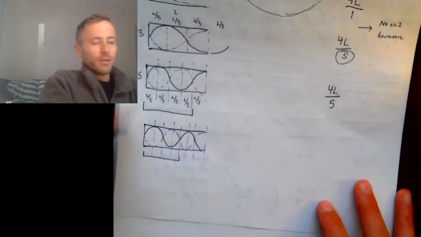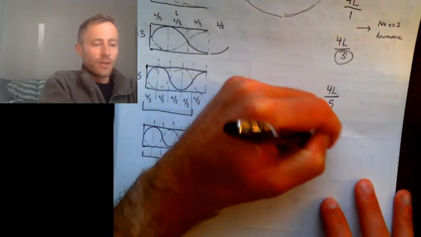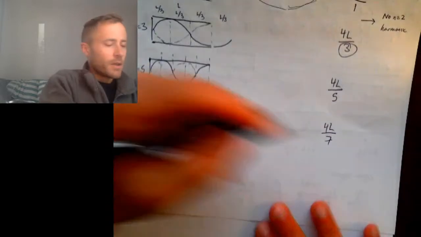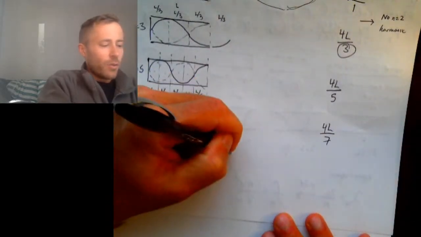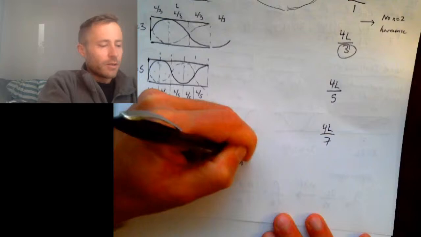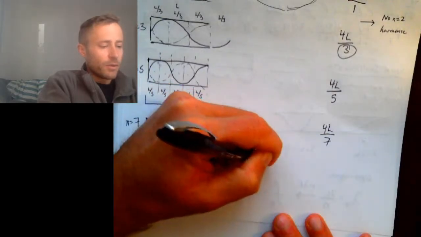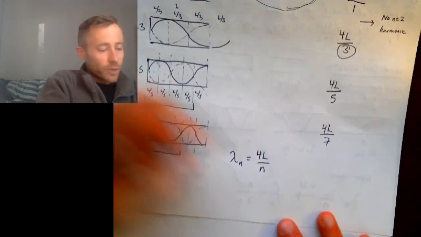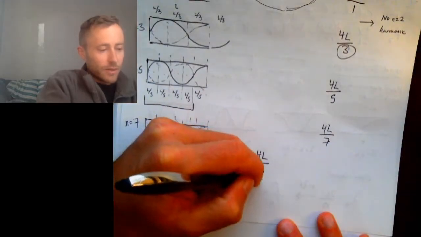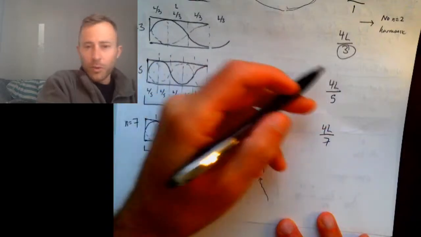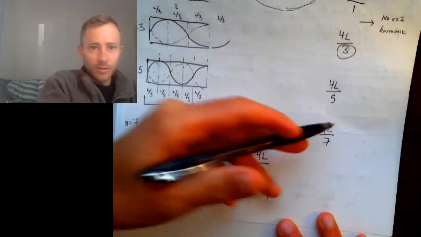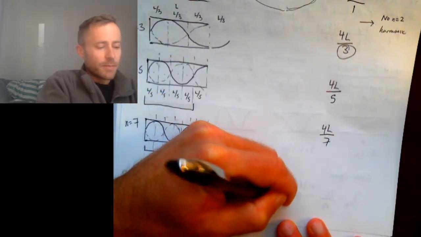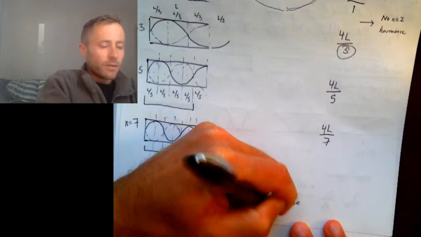So the wavelength of this harmonic is 4L over 7. So I think at this point we have established a pattern, and you can see that the wavelength of the nth harmonic is 4L over n. But the restriction is that we don't have a 4th harmonic, we don't have a 2nd harmonic, we don't have a 6th harmonic. So clearly n must be an odd number.